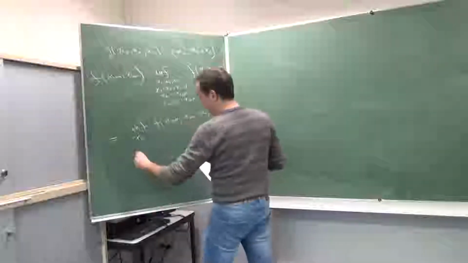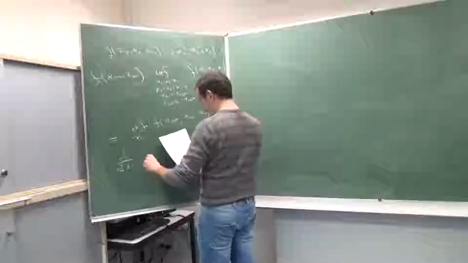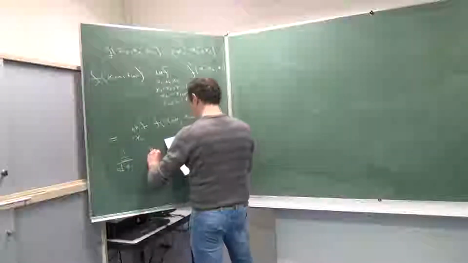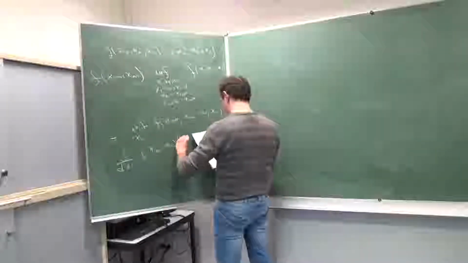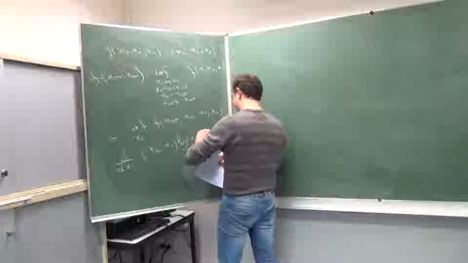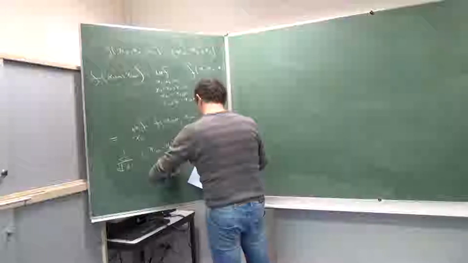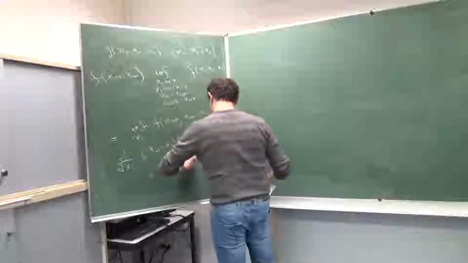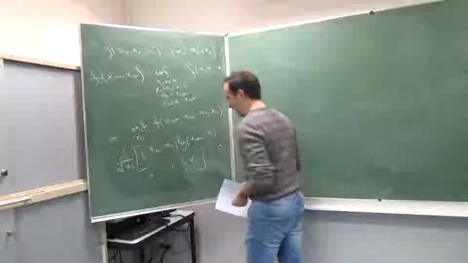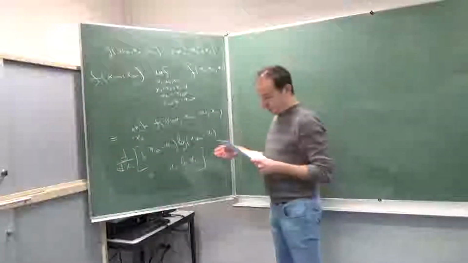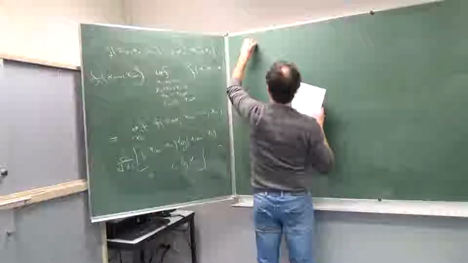So we do d over dxc, okay. Find the solution, which is log xc.